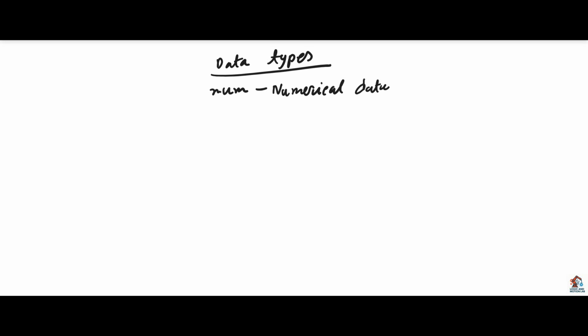So now we will see the different data types used in Rapid. So first is num. Num is basically to store numerical data, for both integer and decimal values.